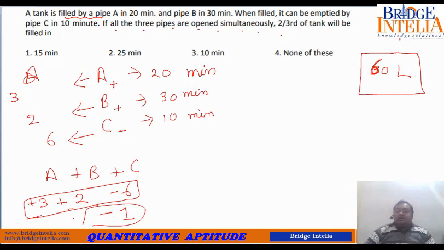That means the tank is never going to get filled. There is no positive work, there is negative work only. Because the net effect is negative, it will not give an opportunity for water to accumulate in the tank. So the water will never accumulate.